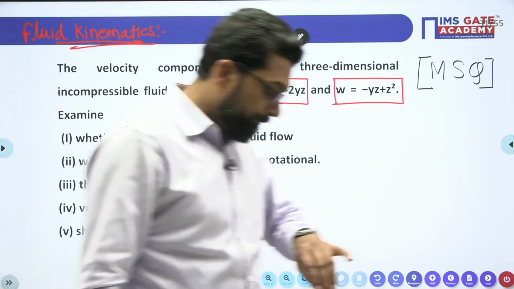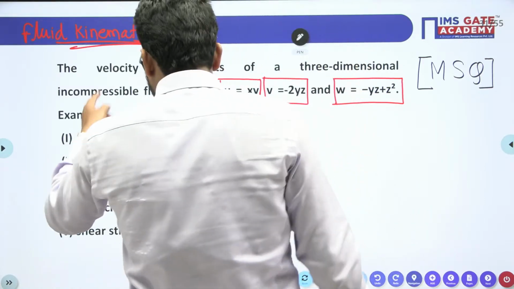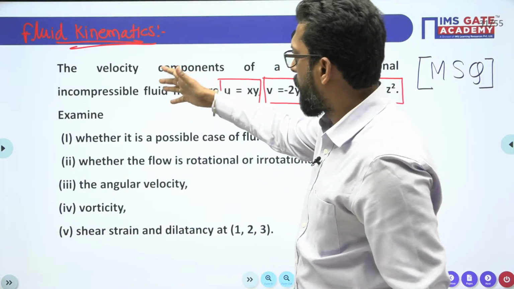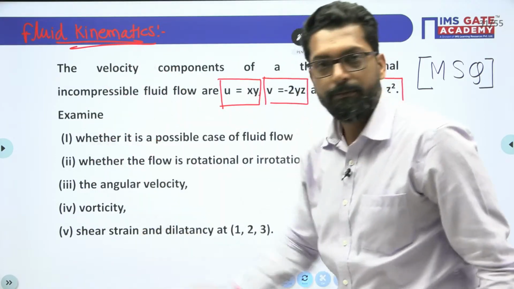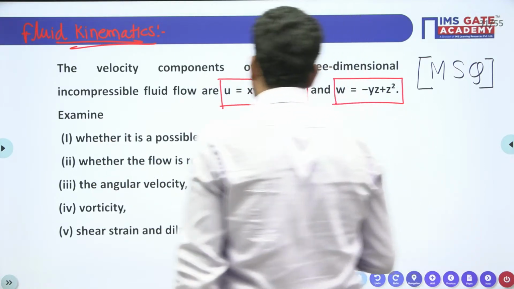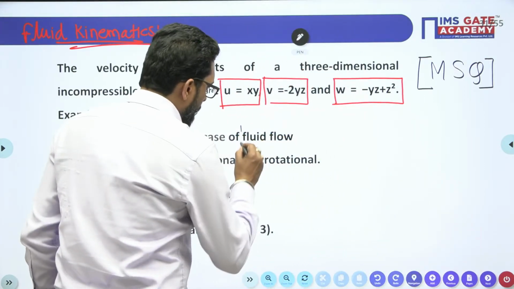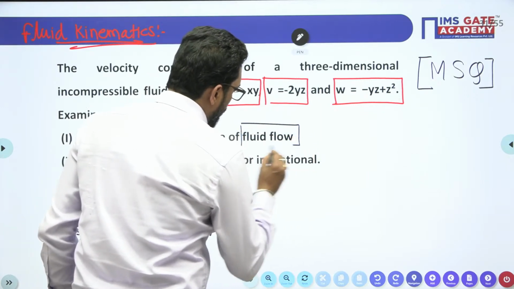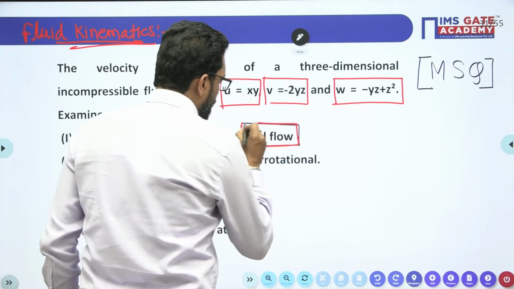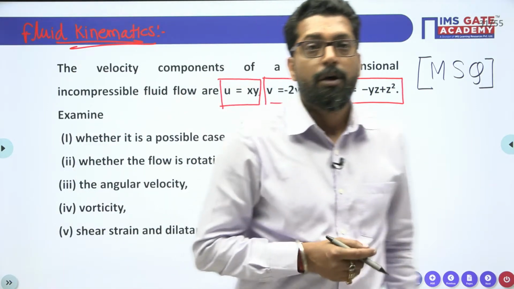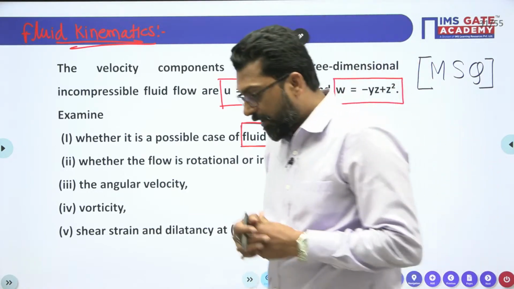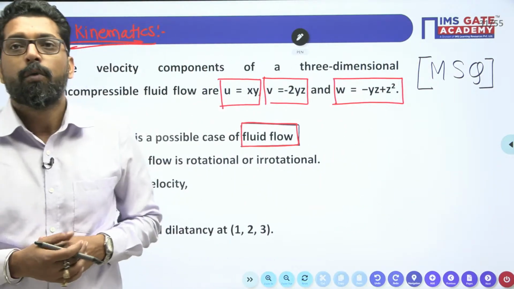Now, beta, these are very intelligent. See, there is one problem in which many types of questions are asked, right? So whether the fluid flow is possible or not, what do you want to check?